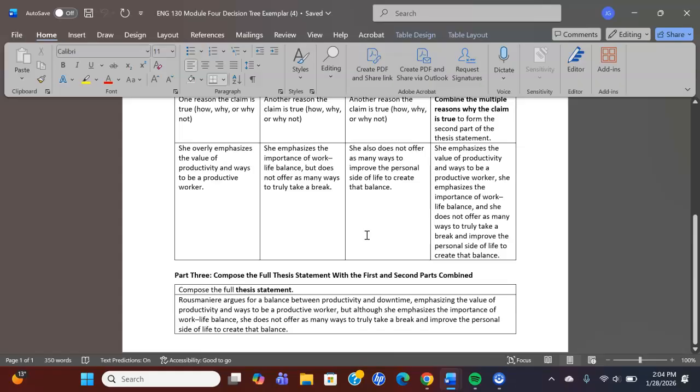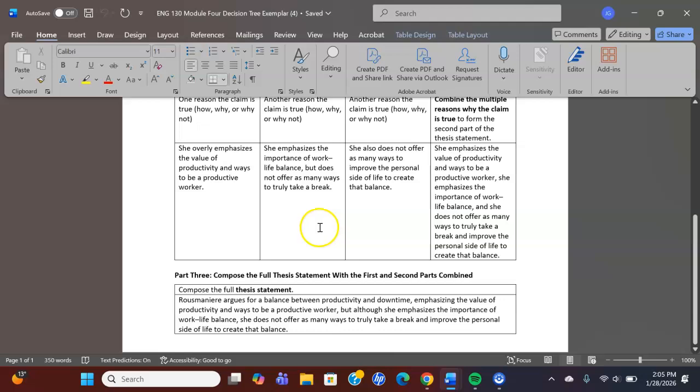Okay, so I just really wanted to emphasize here that the focus of your analysis will be whether the article is effective or ineffective. And this will really help you as you craft your analysis, which the first part of your analysis will be due next week in Module 5, and then the final analysis will be due in Module 7.